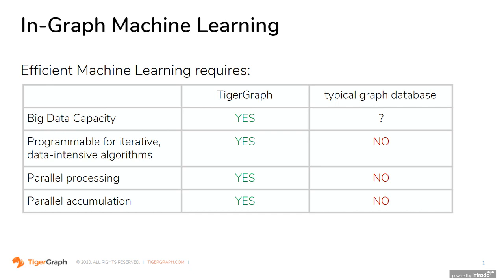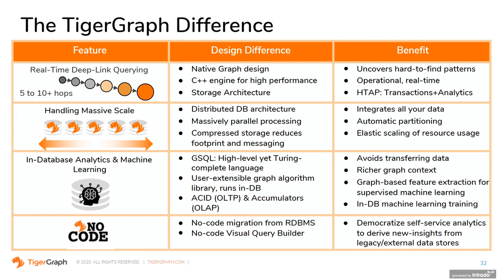And for parallel accumulation, and this is something that's really unique to TigerGraph, accumulation is something that, if you know the MapReduce platform, if you know Hadoop, those are intended for efficient accumulation, doing bulk data, statistical analytical work efficiently. TigerGraph is based on that principle. These other typical graph databases are not. So TigerGraph, again, distinguishes itself from the vanilla graph database in these different ways.